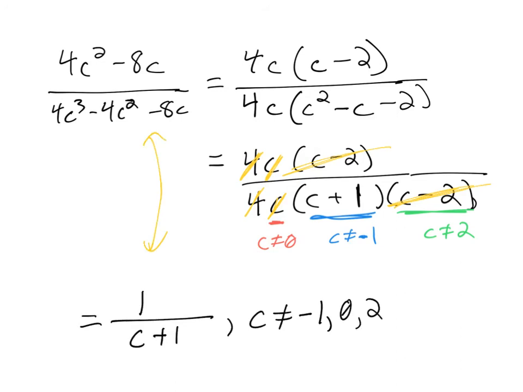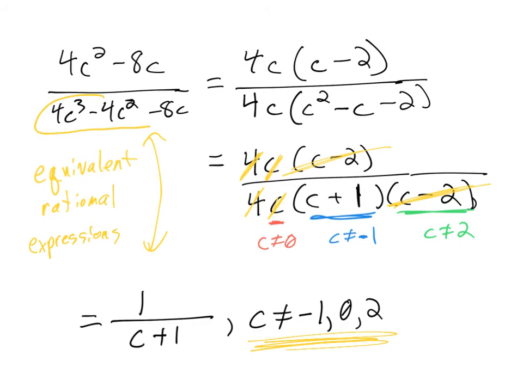Note that these two rational expressions are equivalent. So these are equivalent rational expressions with these same restrictions, that c cannot be negative 1, 0, or 2, because that would cause the denominator of the original unsimplified expression to be equal to 0.